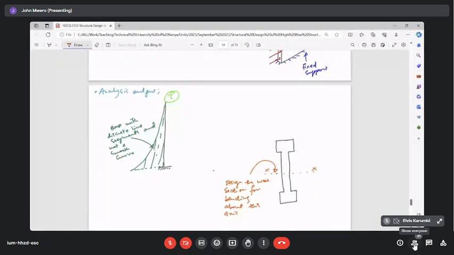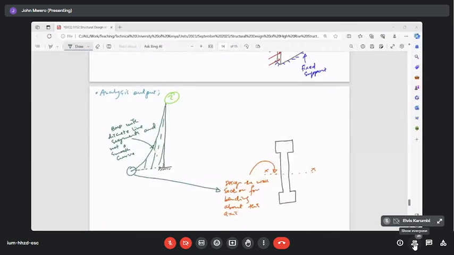Okay, and the moment that we are designing that wall section to carry is that maximum moment there. That is one of the design outputs that we need to do.